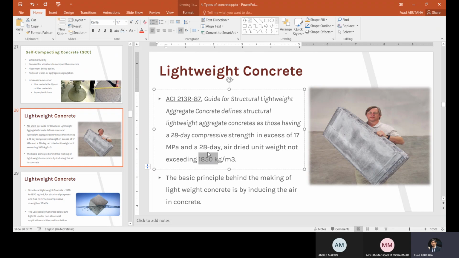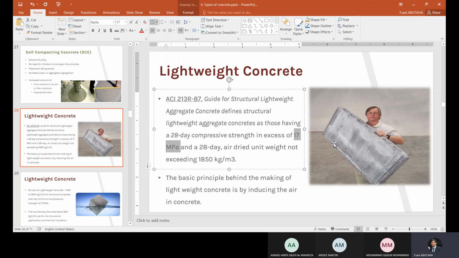And if it has a density higher than this value, then we consider it normal weight concrete. Also, to use lightweight concrete for structural purposes, according to the standard the compressive strength must not be lower than 17 megapascals.